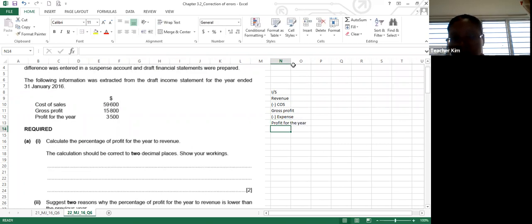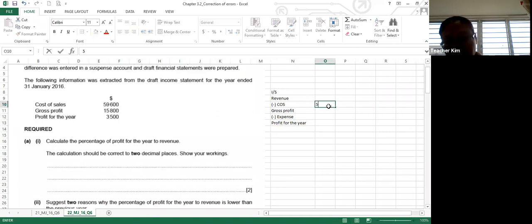Based on the information in this question, we put in the amounts. Cost of sales, we have 59,600. Gross profit is 15,800. And profit for the year is 3,500. If we want to find the missing numbers, we work backwards. To get the revenue, we take cost of sales plus gross profit. To find the expenses, we take the gross profit minus the profit.